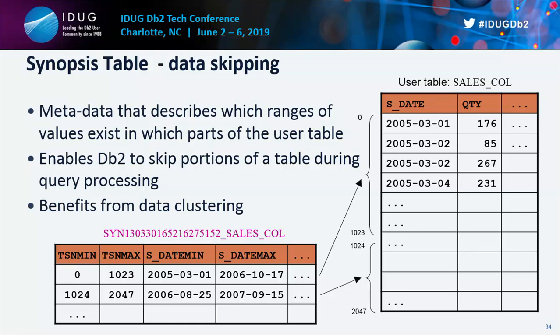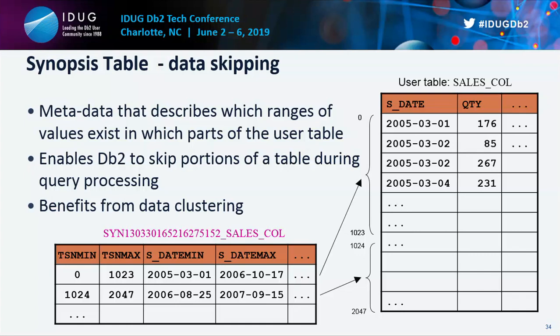So the key is when you create a table, any of the columns other than LOBs and long varchars that are over some size, I can't remember, something pretty small, 4K, you will get for that row what the synopsis table does: between TSN range 1 and TSN range 2, and as of the latest code this should almost always be 1024, for every column in the table, we say what is the min and max in that range, right?